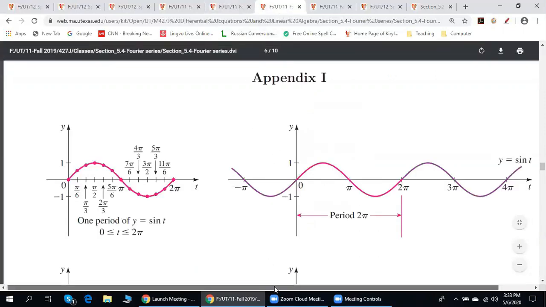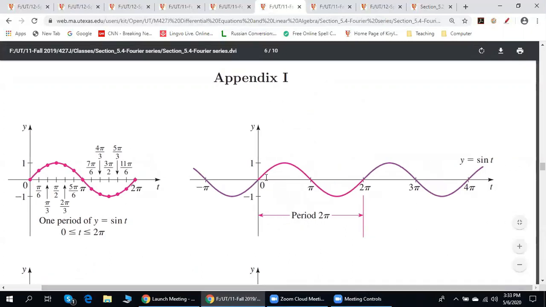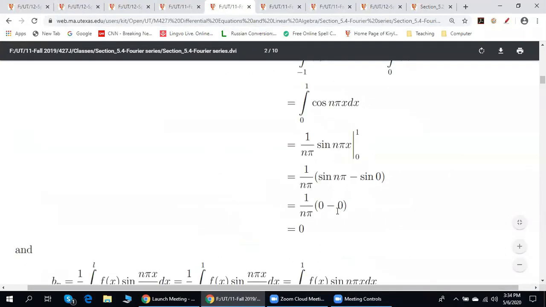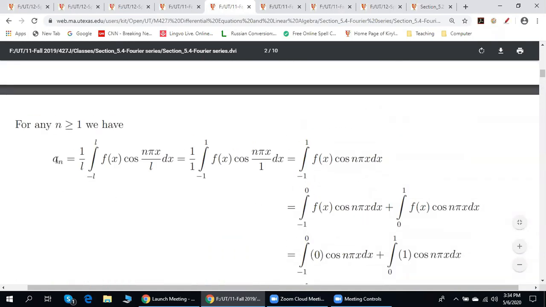Please take a look at the graph of sine. Note that sine is equal to 0 at any integer multiple of pi. It's exactly what we have here. Sine of n pi is 0. 0 minus 0 is 0. Conclusion: a_n is equal to 0 for any n greater than or equal to 1.